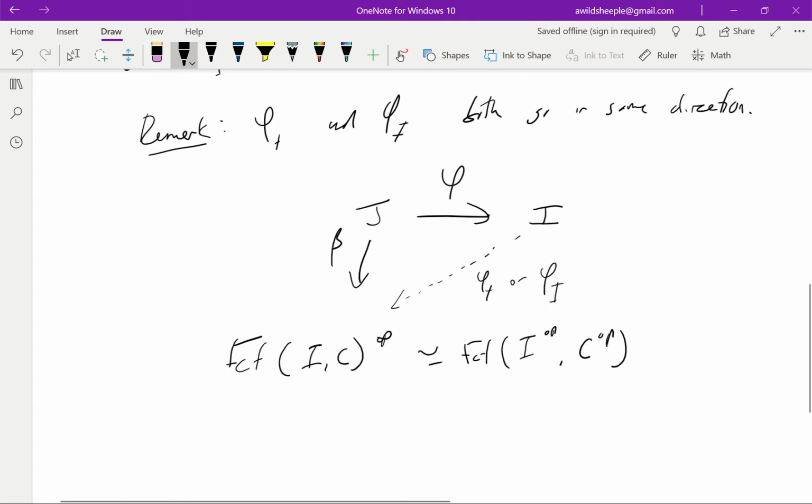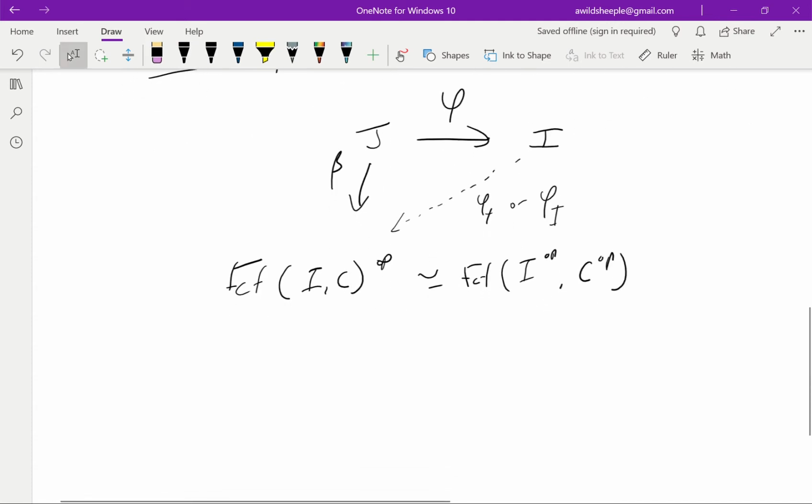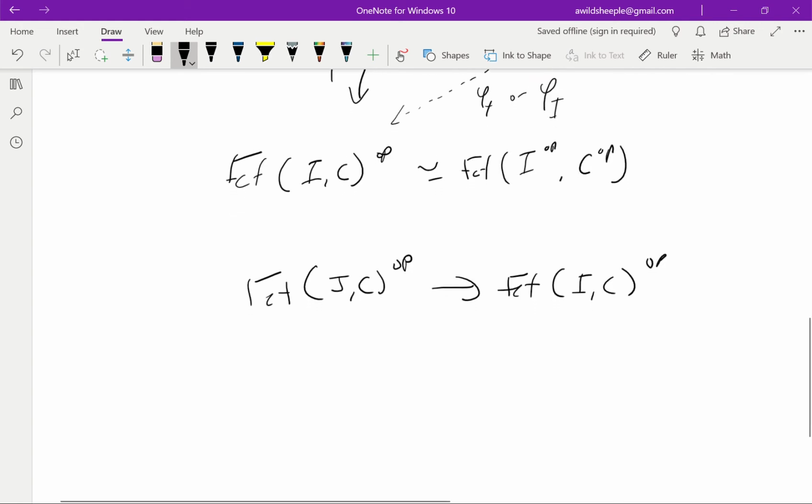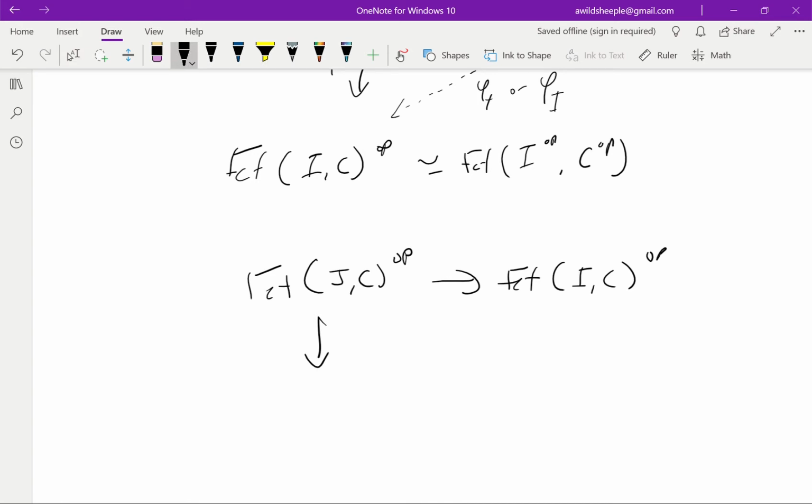I haven't done this, but I encourage you to do this if it seems useful to you, which is that I can make a diagram like so. This should be I^op, C^op. Everything on here has the opposites on the outside, and then we have these isomorphisms that we just said, where now the opposites go on the inside.